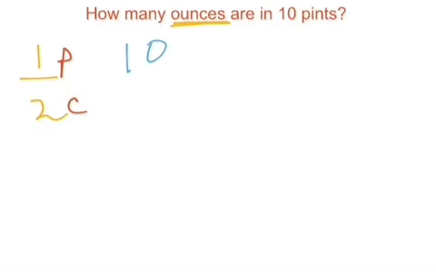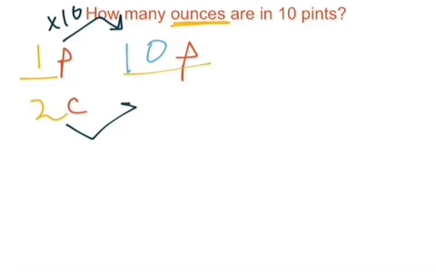Just find the relationship here at the top. 1 times something equals 10. Well, 1 times 10 equals 10. So whatever I do to that side, I can do to the bottom. So 2 times 10 would give me 20.